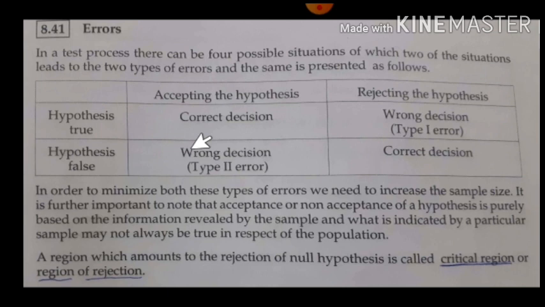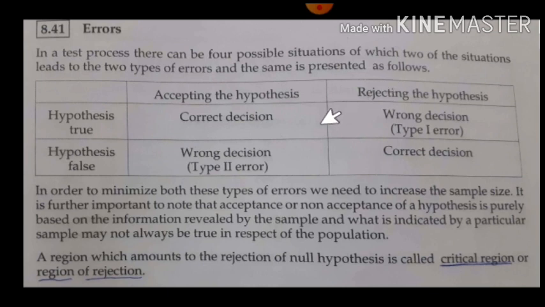So in case I accept that hypothesis, that the person has done the crime, if in a court the judgment is given that he has done the crime, what does it mean? Correct decision, yes or no? But if with some evidence, the judgment is given that he has not done any crime, what happened? Actually a wrong decision, yes or no? So that is called type 1 error. The hypothesis is true.